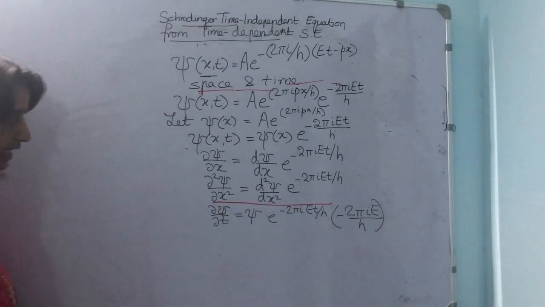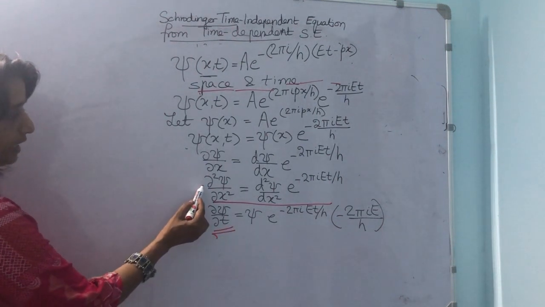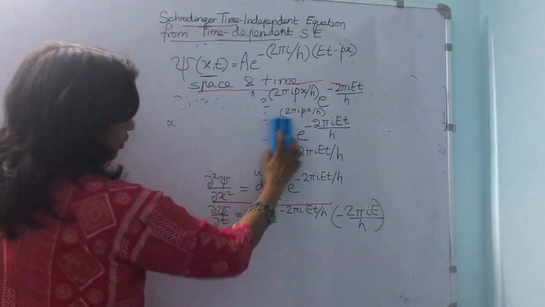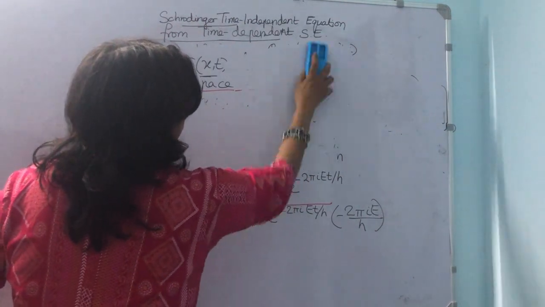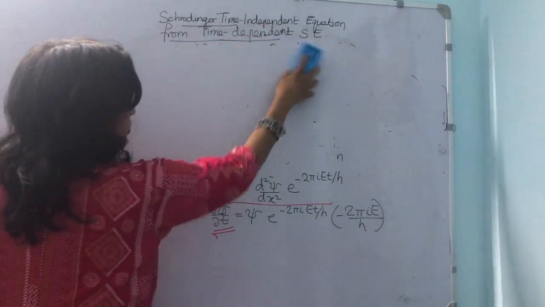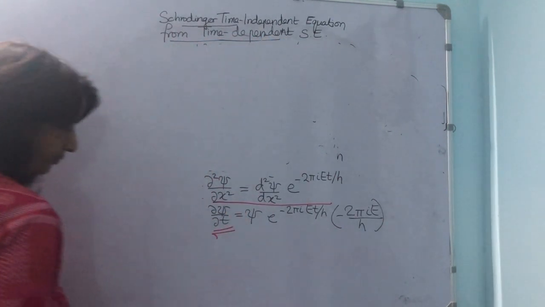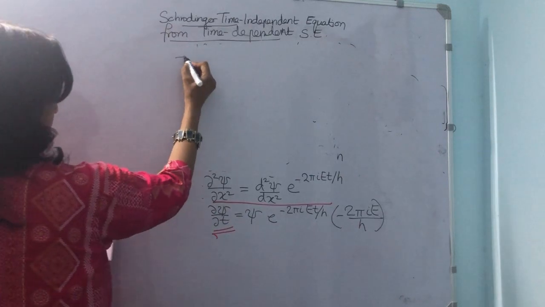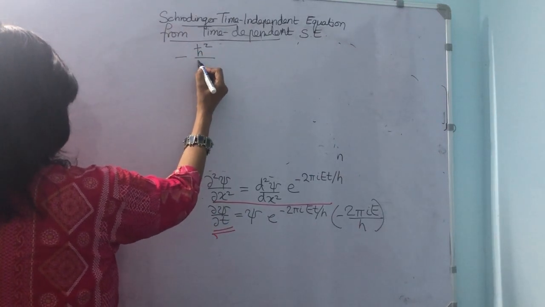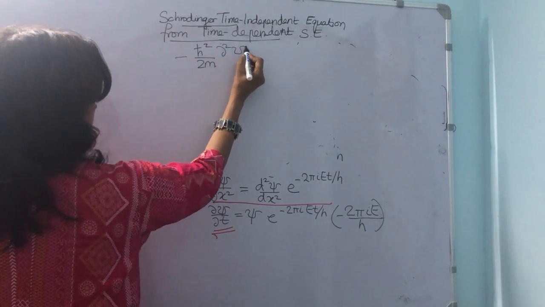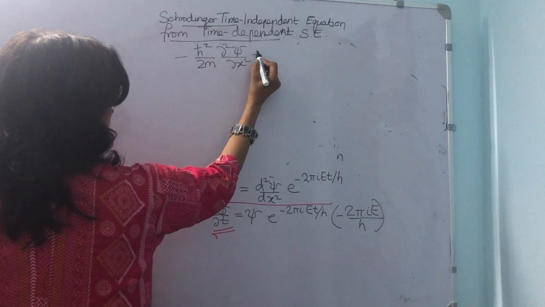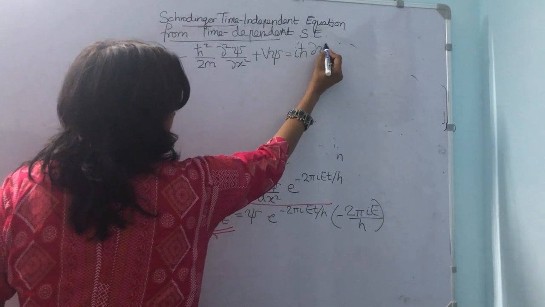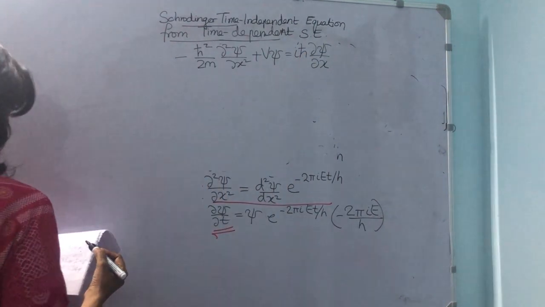Now we will put these values of del phi by del t and del 2 phi by del x2 in our time dependent Schrödinger wave equation in one dimension, that is minus h bar square upon 2m del 2 phi by del x2 plus V phi is equal to i h bar del phi by del t.